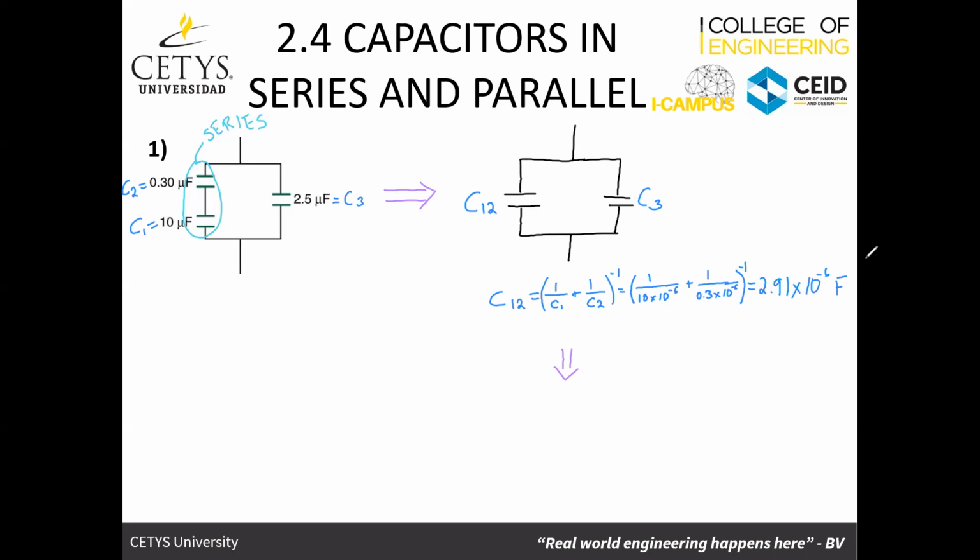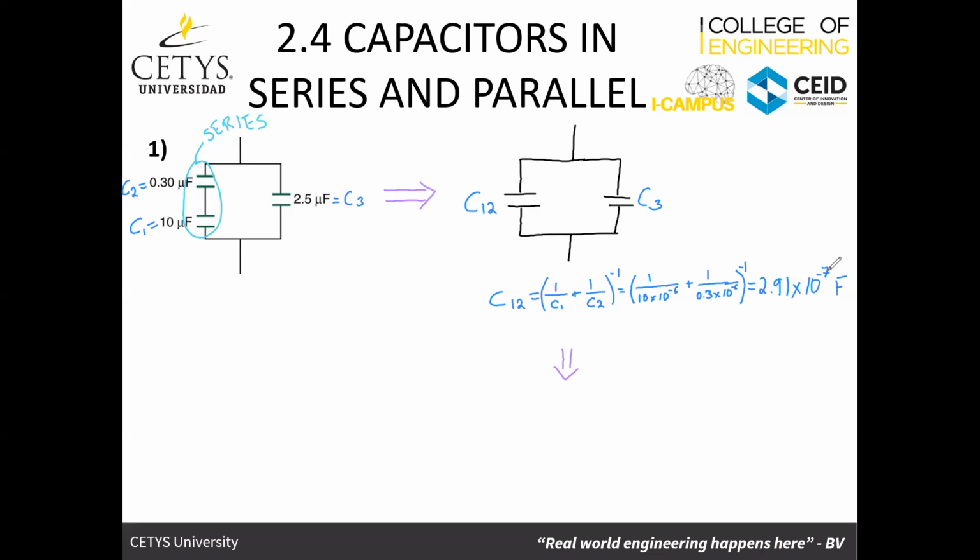Yes, it's to the minus 7. Let me just check. That's minus, yeah. Yes, I got to the minus 7. So 2.91 times 10 to the -7. We got that value? Okay.